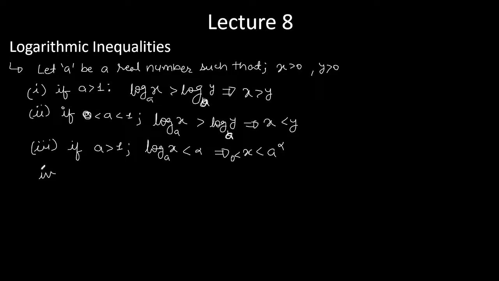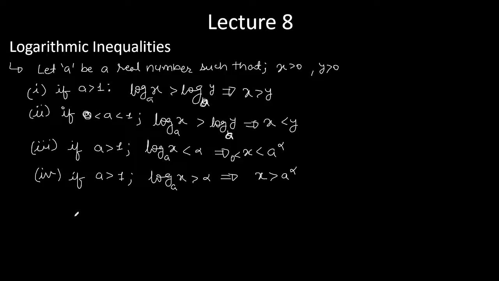Fourth case: if a is bigger than 1 and we are given log x base a is bigger than alpha, on removing the base we'll get x bigger than a to the power alpha.